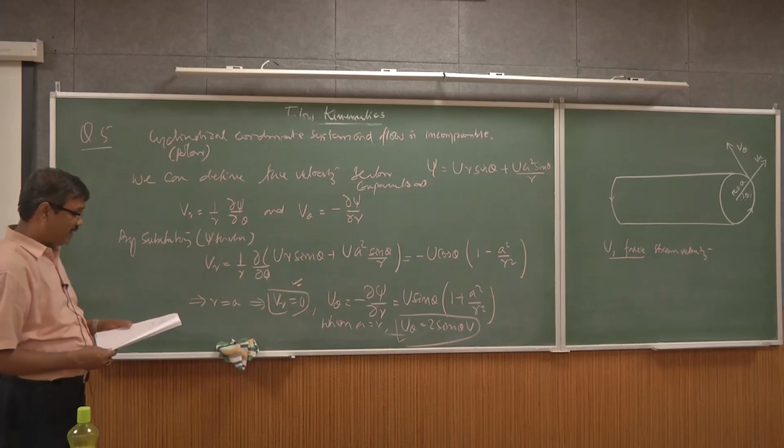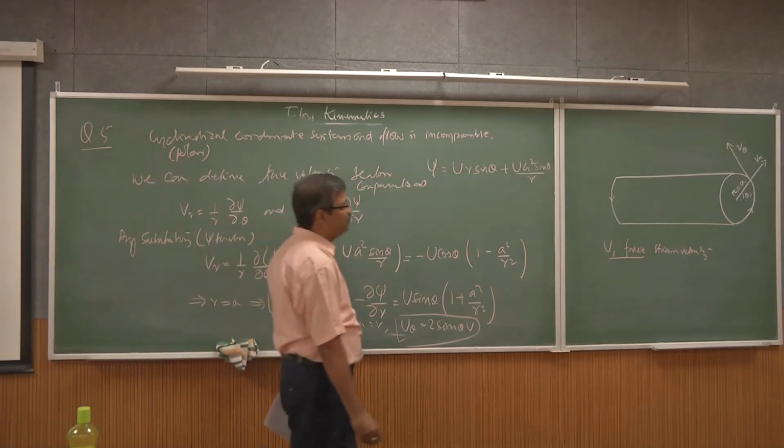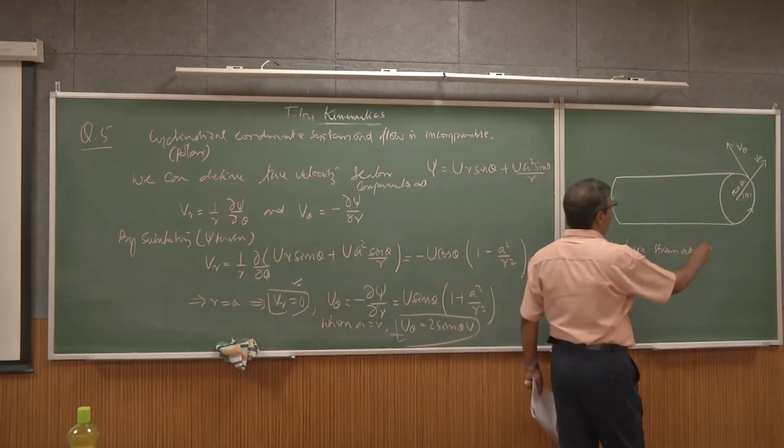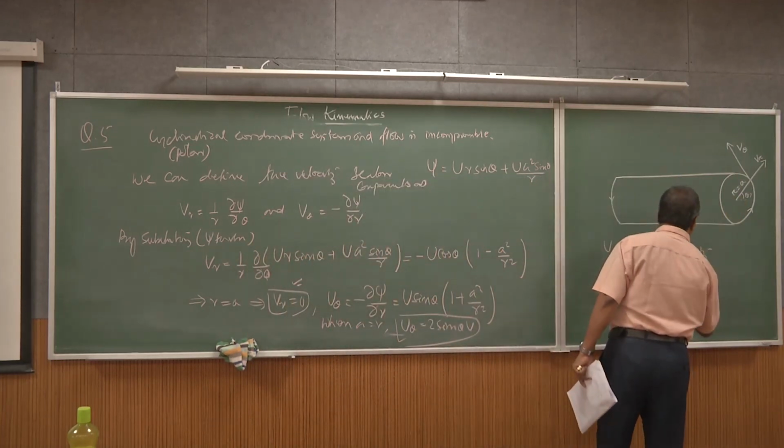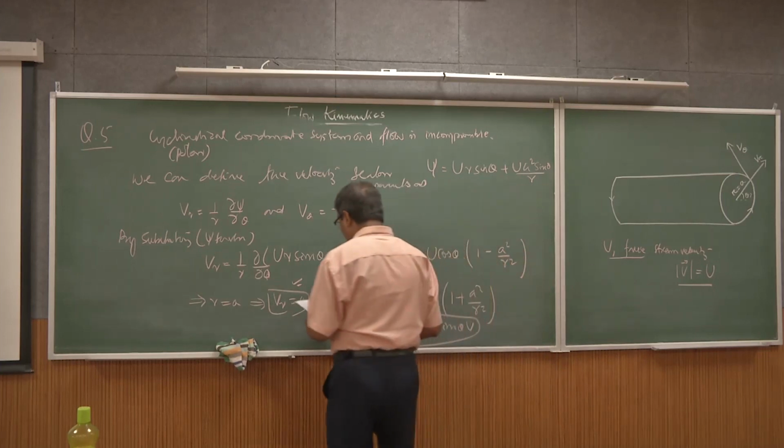So, at r equal to a, the radial velocity is 0, but the tangential velocity is equal to 2 times U sin theta. Now, we are looking at what theta values give the resultant velocity vector equal to the free stream velocity. This is quite easy for us.